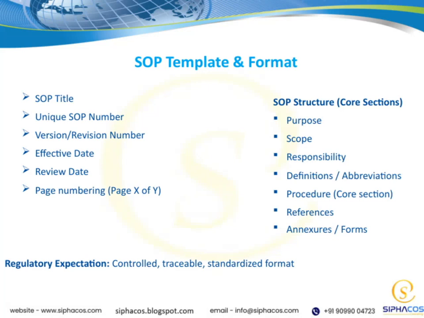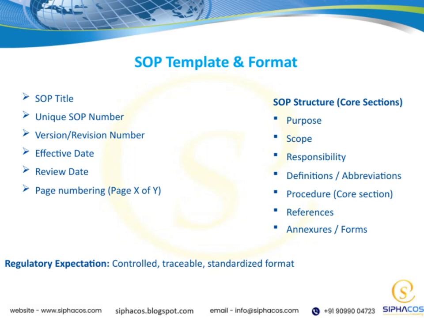Let's talk about the regulatory expectation for SOPs, which is that they should be controlled, traceable, and follow a standardized format. This ensures consistency and compliance across all documents. Now, when we look at the SOP structure, it typically includes several core sections. First, we have the purpose, which explains why the SOP exists and what it aims to achieve.